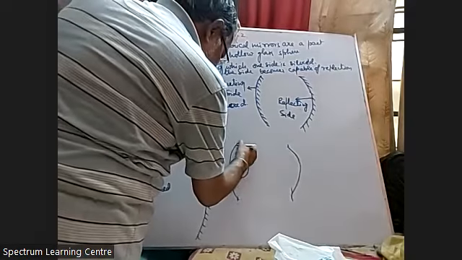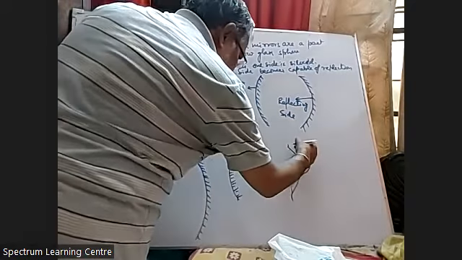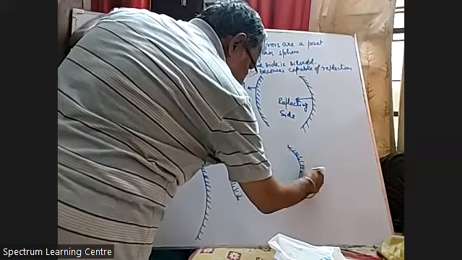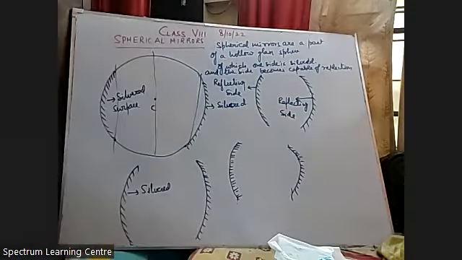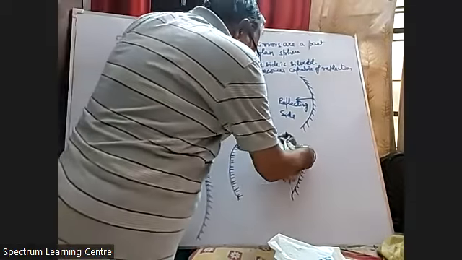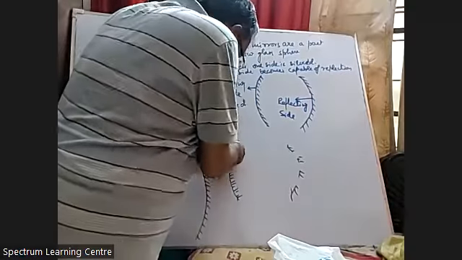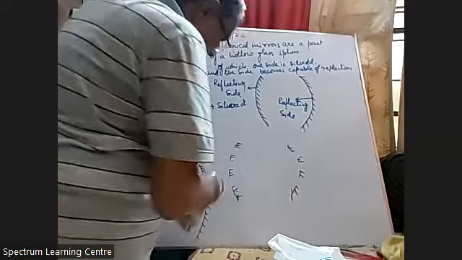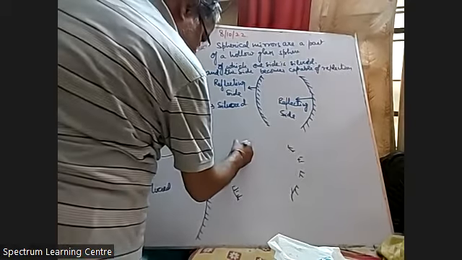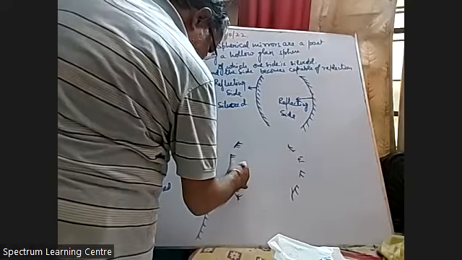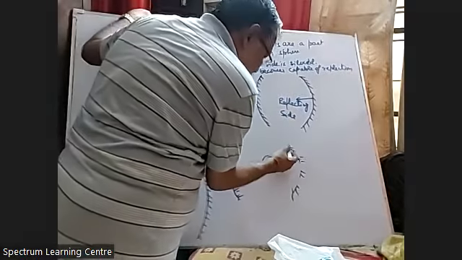Now I will silver this surface and I'll silver this surface. Now if I remove bit by bit, don't you think this is a straight line? A very small part of a circle becomes a straight line or not?